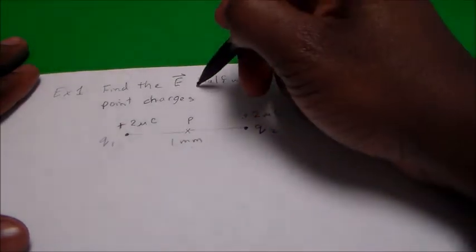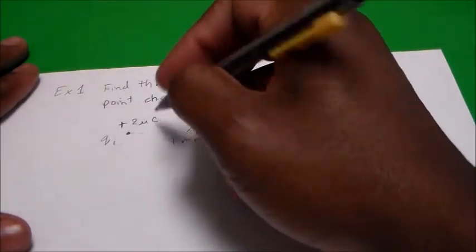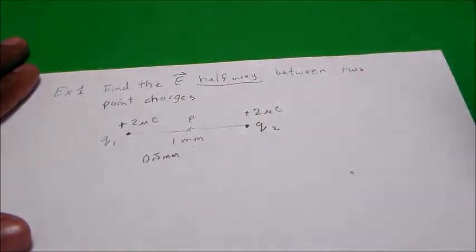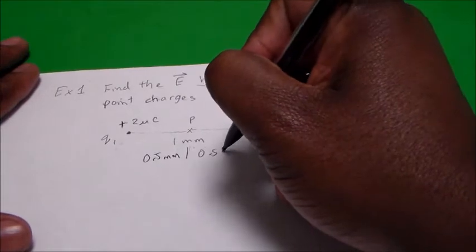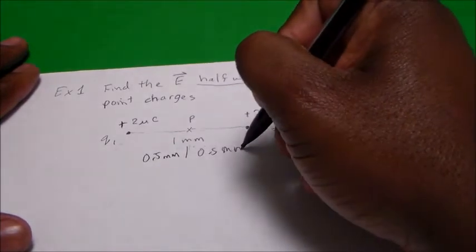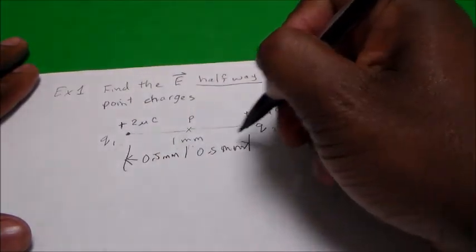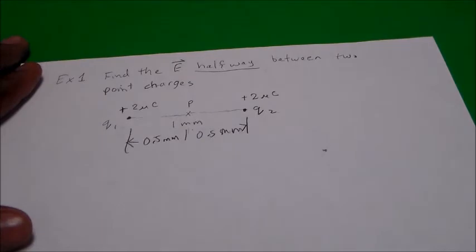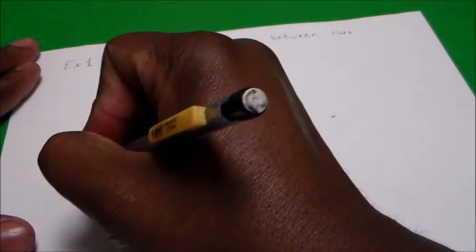What we're trying to do is find the electric field halfway in between, so we have a distance of 0.5 millimeters on each side.